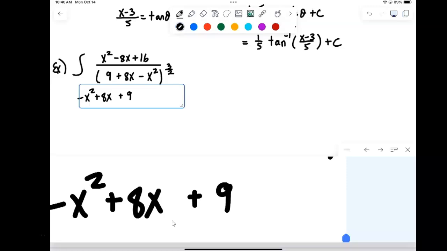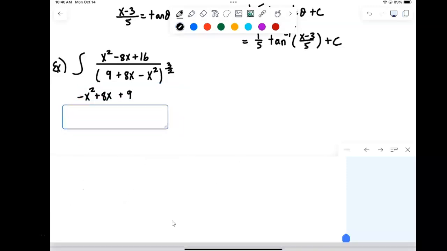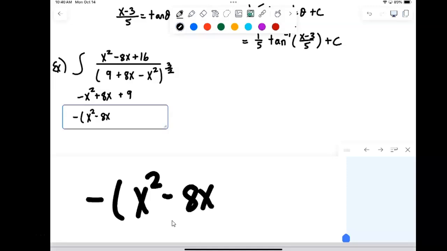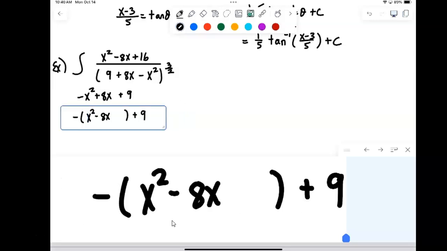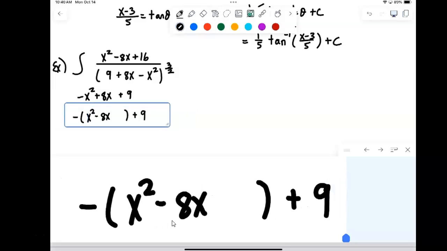Remember, for completing the square, the x squared can't have anything in front of it, even a simple little negative sign we have to take care of. So I can factor that out: x squared minus 8x, leave myself a little bit of space, and then plus 9. I factored the negative out from the x squared and the 8x, and that left me with x squared minus 8x. And then we use our completing the square process.